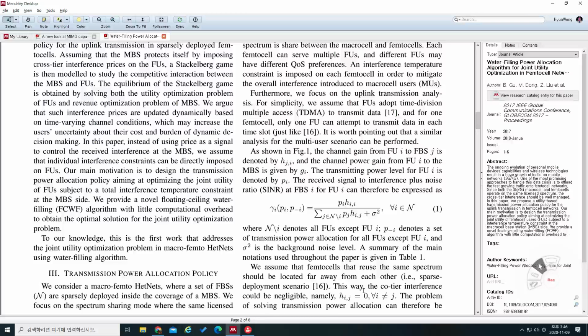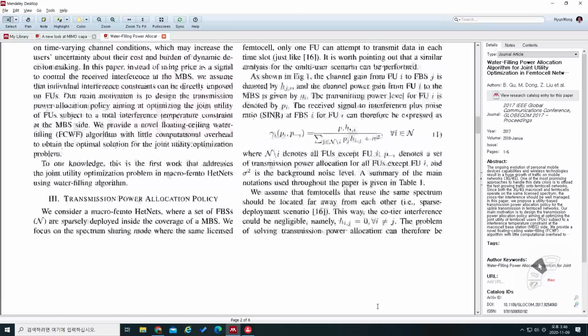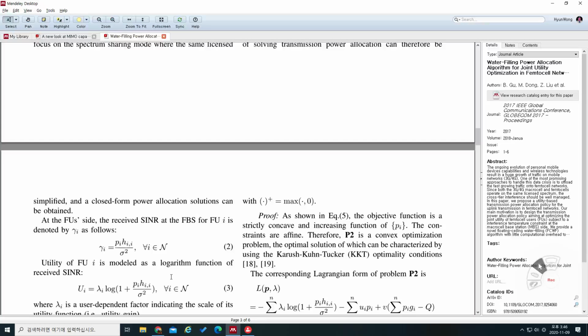The problem of solving transmission power allocation can therefore be simplified, and closed-form power allocation solutions can be obtained. At the FBS side, the received SINR at the FBS for FU i is denoted by r_i as follows: r_i equals p_i h_ii over sigma squared.